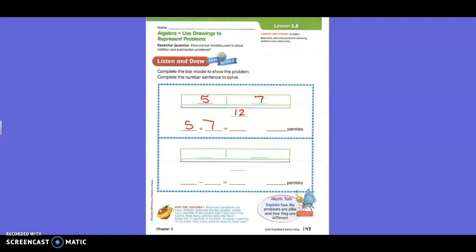Jaren? 12. And then they have pennies there. Why do they have pennies? Because that is the label for the problem. Now what was the answer for the label? Everyone? 12 pennies. She has 12 pennies.